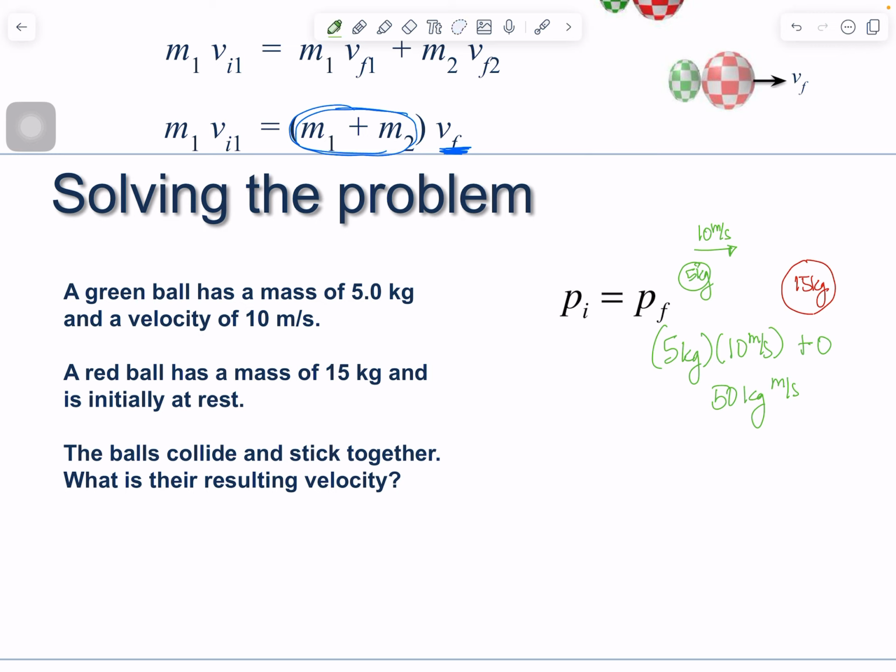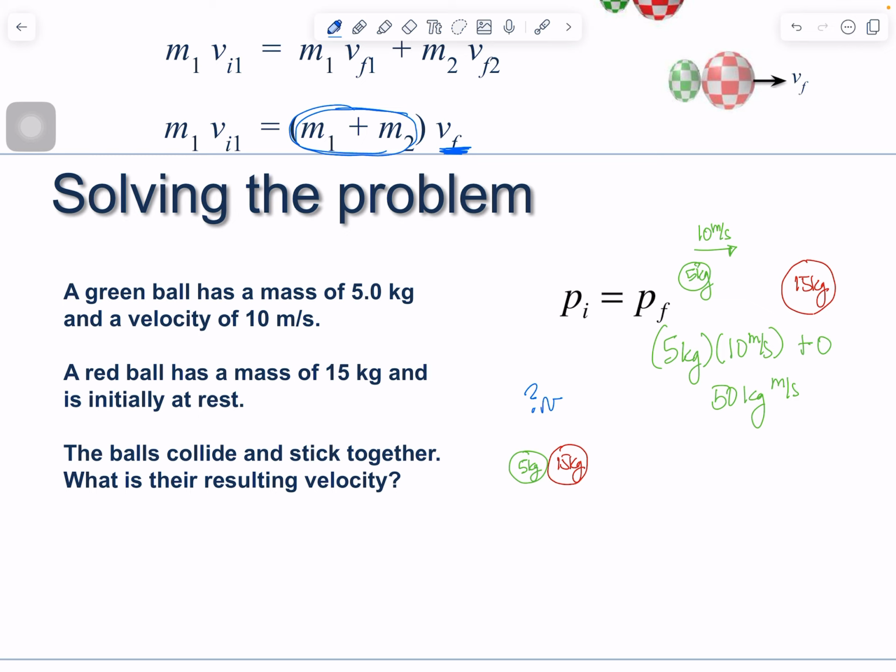So I want you to use the equation. I'll draw the picture for you. So I've got 5 kilogram, and I've got, nope, 15 kilogram. And then they've got some velocity. All right. So fill in everything you know in the equation.